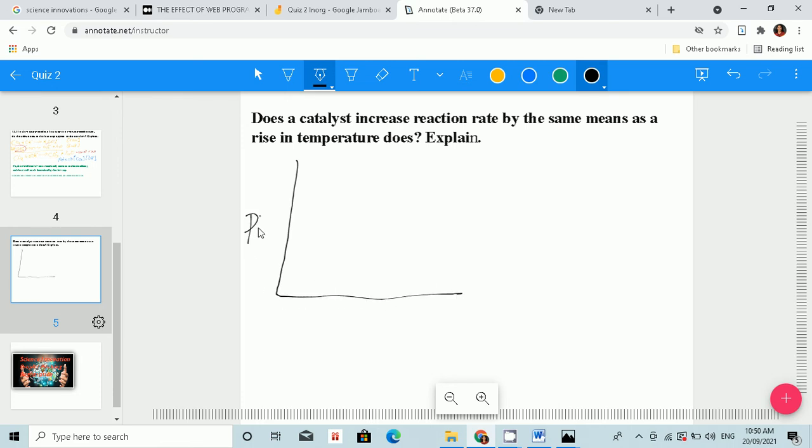The potential energy, and then we have the reaction progress or reaction coordinate.